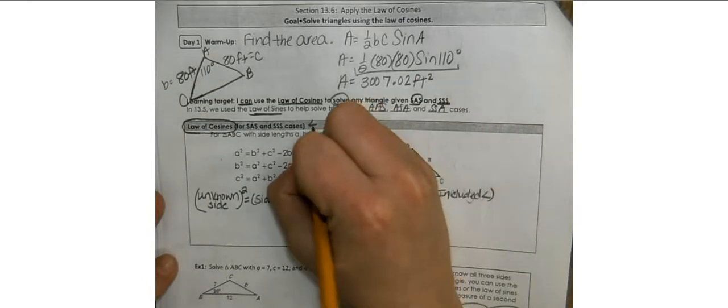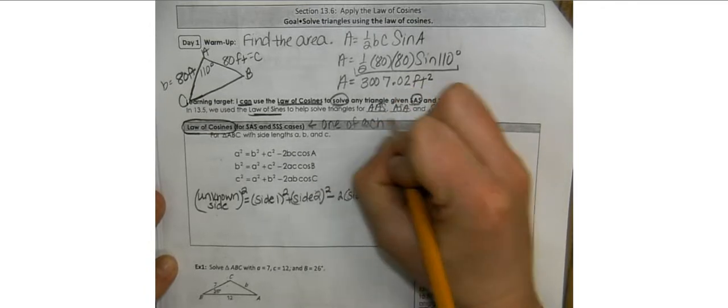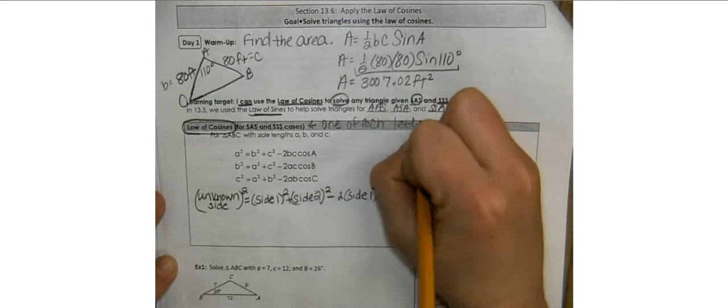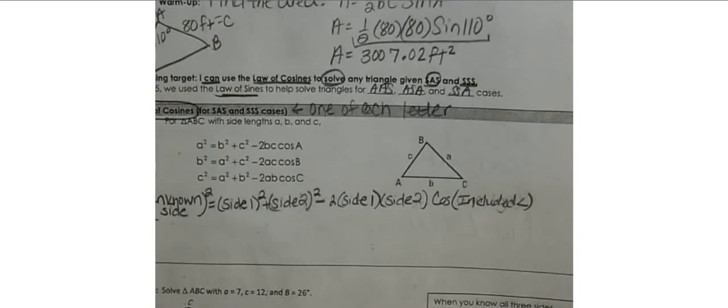This time around, for the law of cosines, we are going to receive one of each letter, and each letter is going to have two sides included. So it's not going to be where you receive two angles.